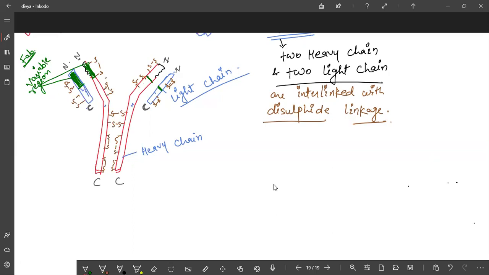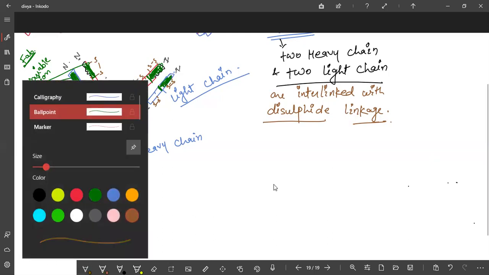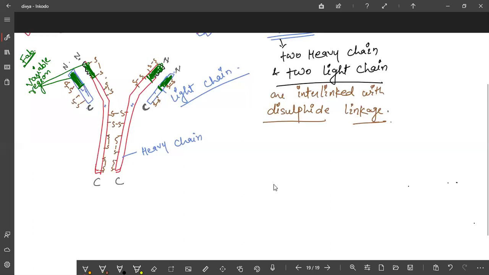Is it clear to you? So how will this antibody fight with antigen? These are the sites. This is also a variable region.